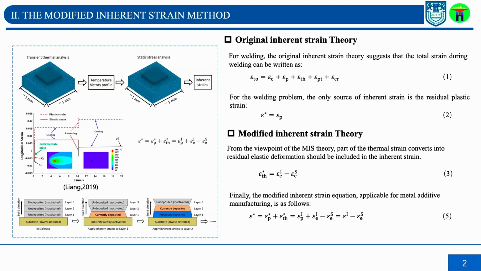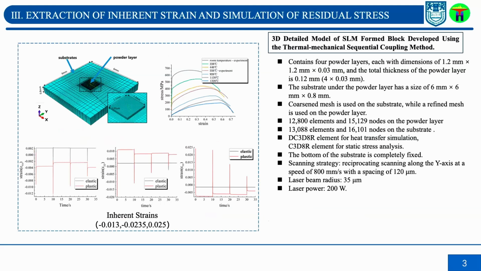So when we want to obtain the so-called inherent strains, we should develop a 3D detailed model with the thermal mechanical method. This is the model we developed, and this is the blocks, and this is the substrate, and the detail of the model is listed here.